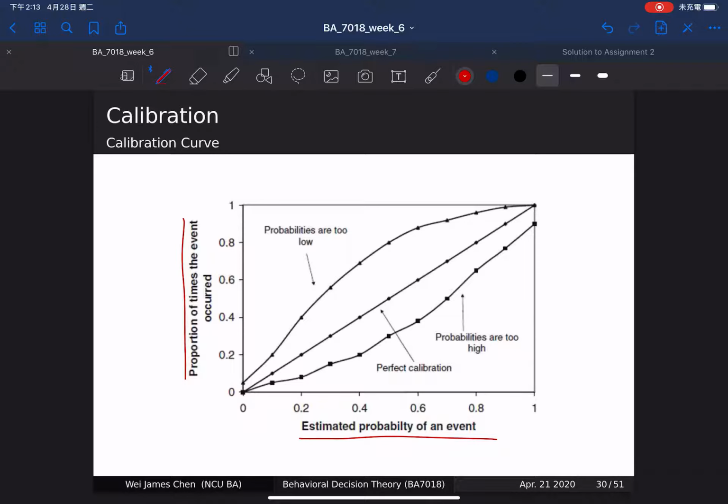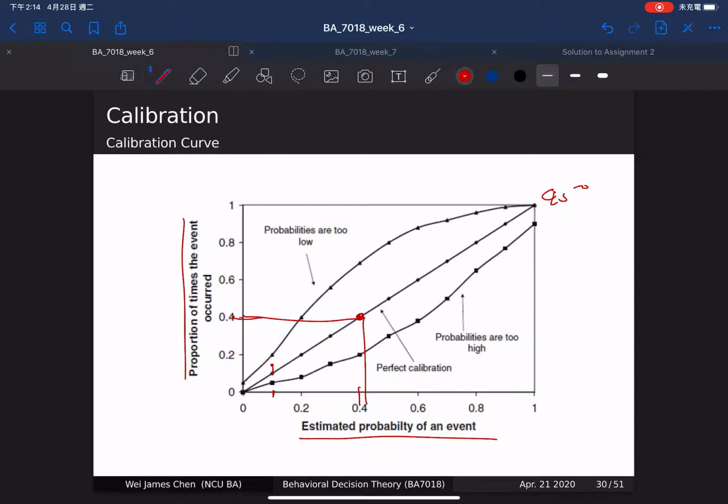If it is actually 11%, then the point at 10% will be around here, above the 45-degree line. If it is perfectly calibrated, that means in the past you estimated 10% and 10% actually happened, then it's going to be exactly along the 45-degree line, because the estimated and what actually happened will be the same.